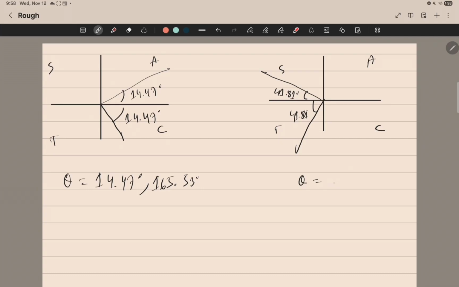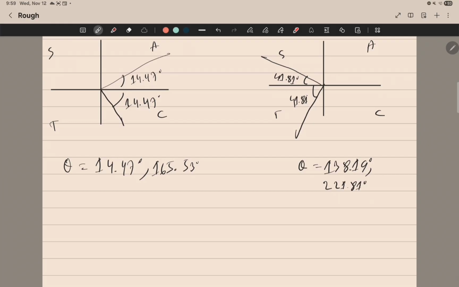I'm just not writing the subtraction, I'm just putting the values. One is this and another one is 180 plus 41.81 degrees, 221.81 degrees.